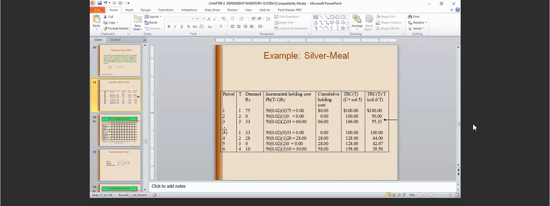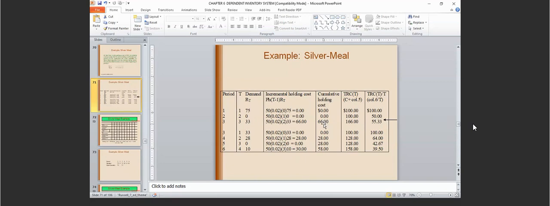Jadi period yang ketiga, gross requirement dia adalah 33 dan incremental cost dia kita akan perolehi bersamaan dengan 66 iaitu ordering cost, eh holding cost darabkan 2 iaitu T tolak 1, kita dapat 2 darabkan dengan gross requirement 33, jadi kita akan dapat RM66. Cumulative holding cost kita akan dapat RM66. Sebab apa?